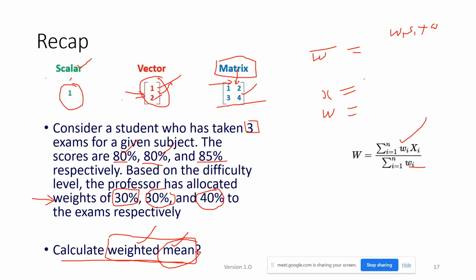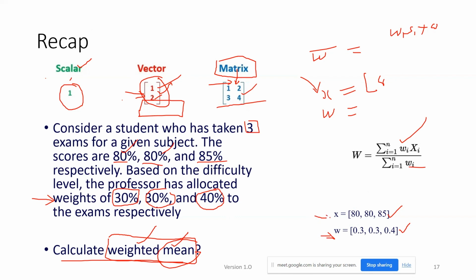X is the subject, which has different percentages: 80%, 80%, 85. This is considered a vector, a simple one-dimensional array, row-wise. The weight values 30%, 30%, 40% form the weight vector.